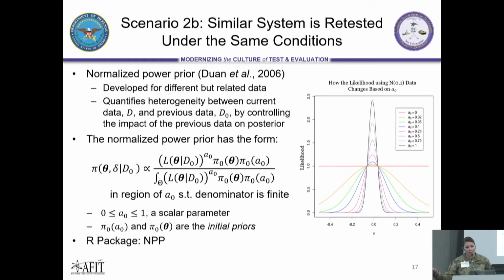So say you updated the system to open the software faster, and that didn't have any effects on the bug, and so you're seeing the data is distributed the same way. You want to use as much information that you previously had to be able to talk about the proportion of software defects. That's what the normalized power prior allows you to do.